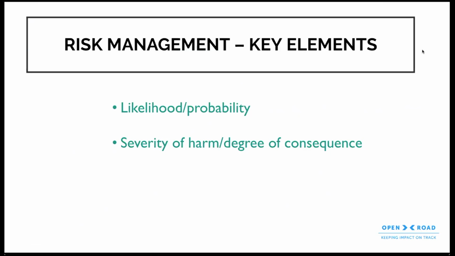There are also two additional elements when it comes to risk management. Again, this is only dealing with the objective side of risk, the reality that risks exist regardless of whether we're comfortable with them. And how do we then deal with that uncertainty, deal with that reality, to minimize the bad and maximize the good? So likelihood and severity of harm are two key elements.